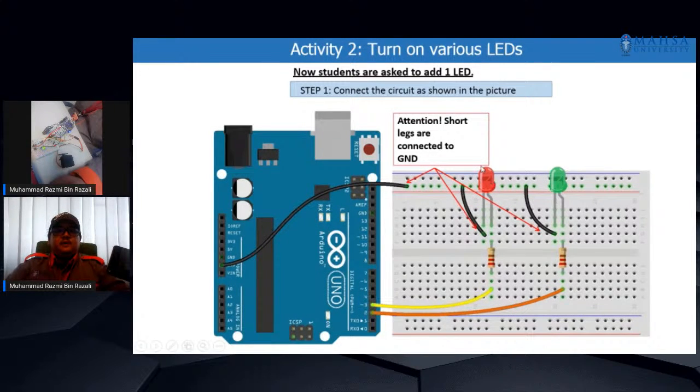The function of the LED is also the same as before. The short leg will be the negative and the long leg will be the positive. And then the red LED we connect to a 220 ohm resistor to digital pin number 3, and the ground we connect to the ground.